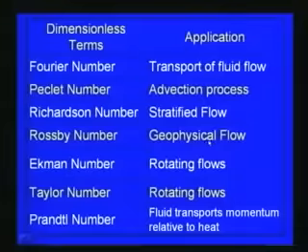And then the Rossby number: the application is geophysical flows, like when we consider the flow in the sea or estuary flow, wherever the Earth's rotation is important. So, as far as geophysical flow is concerned, the Rossby number is important.